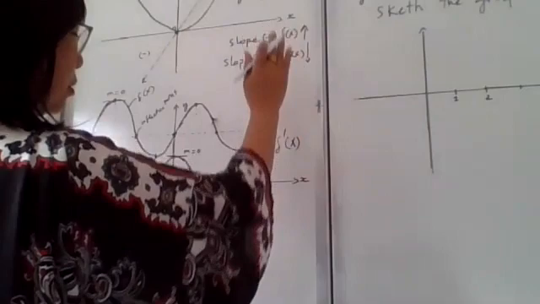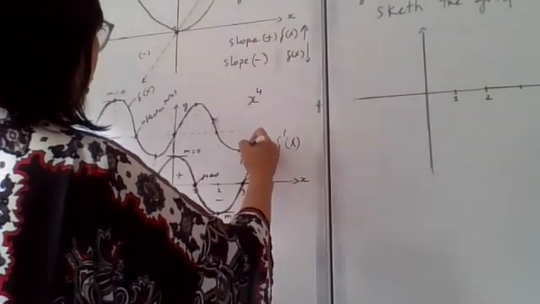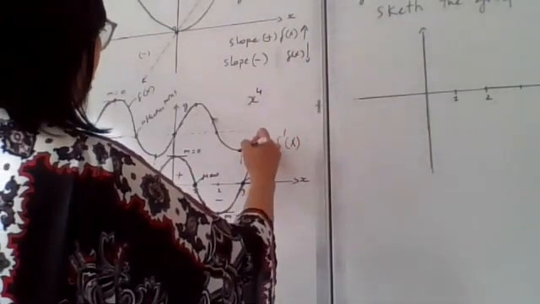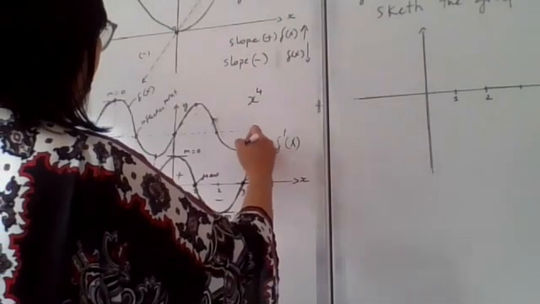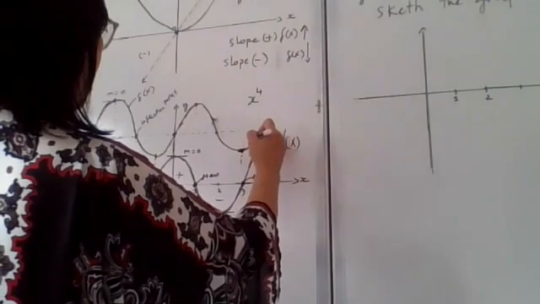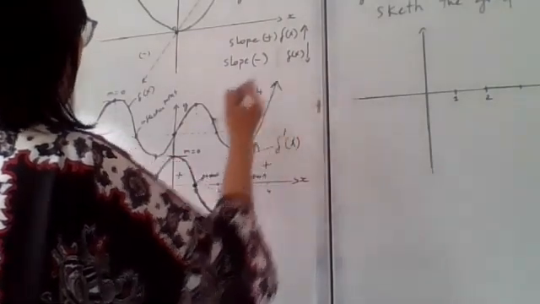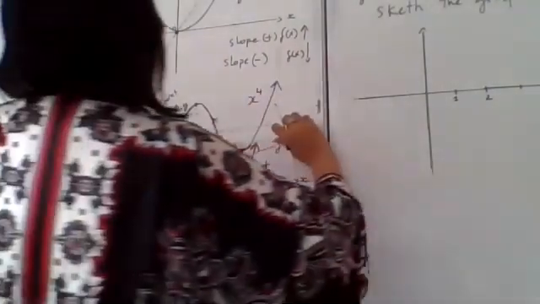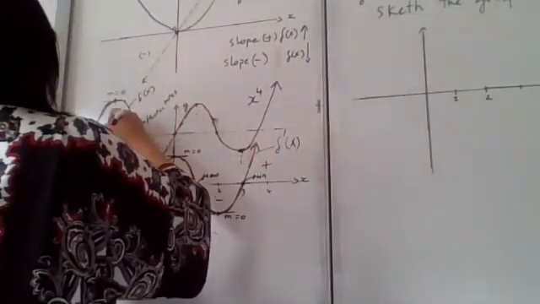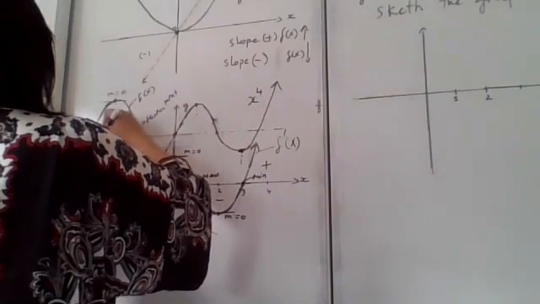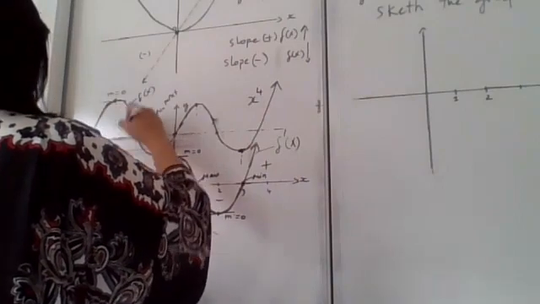It means the function is increasing again, and then keeps increasing, right? So here minimum, and then the function keeps increasing. All right, so that's how we sketch the original function based on the derivative function.